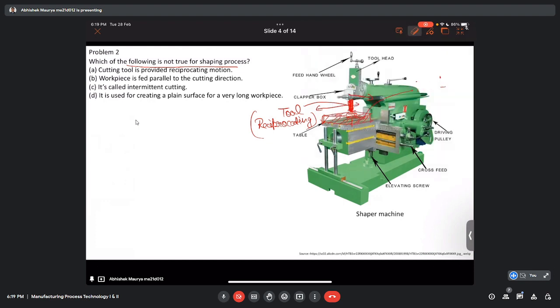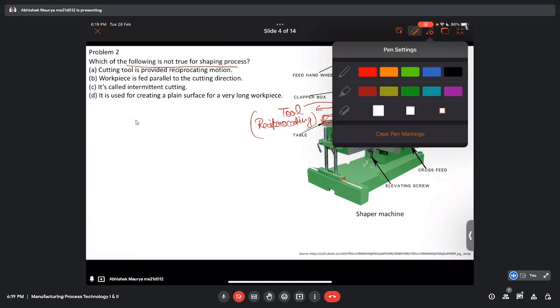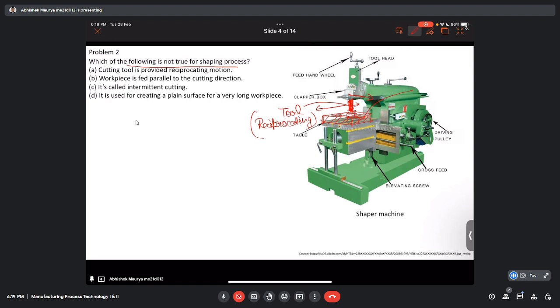So it is not fixed. We are giving some feed motion to the workpiece, let's say in that direction. So this is how a shaper machine creates a flat surface.